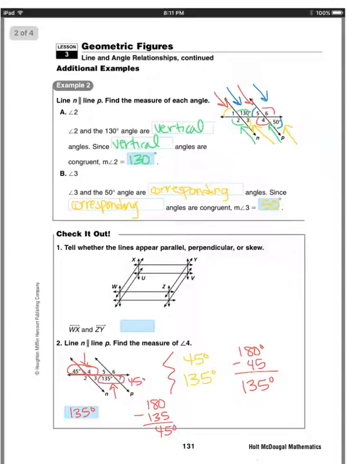Now that you have that much information and you know this is 135, you know that angle 2 is 135, you know that angle 3 is 45, you know that angle 6 is 135, and you know that angle 5 is 45 degrees. So even when they only give you one angle, you can find all 8 angles. You just have to subtract one of the given angles from 180, and that gives you the degree measure of the unknown right next door.